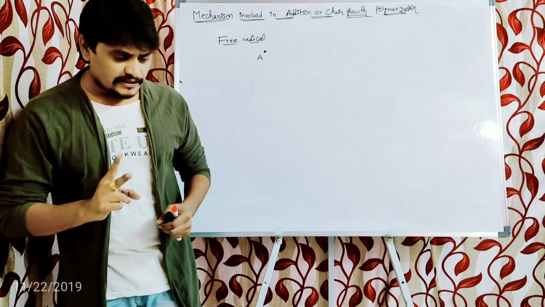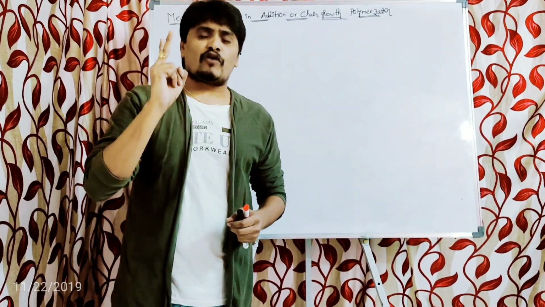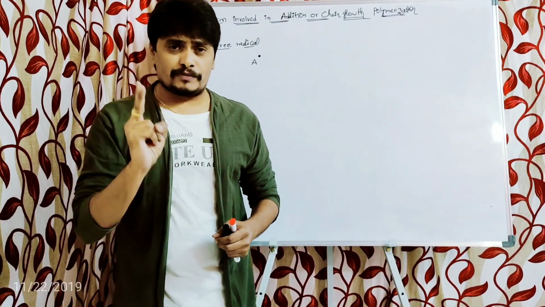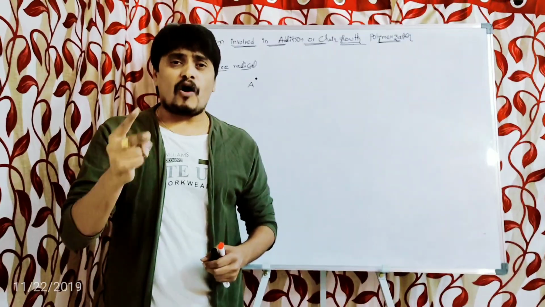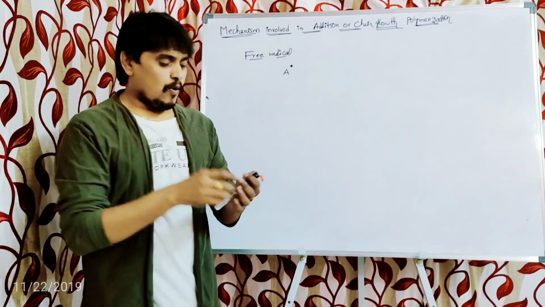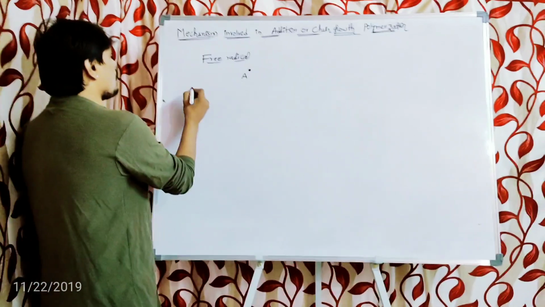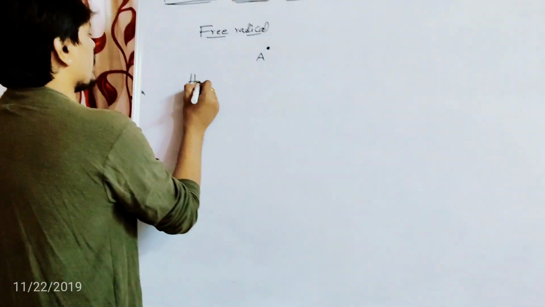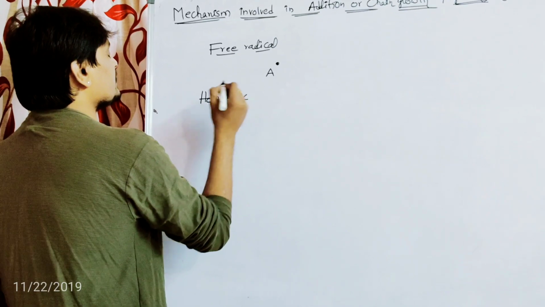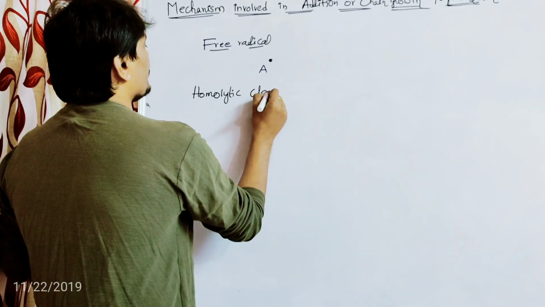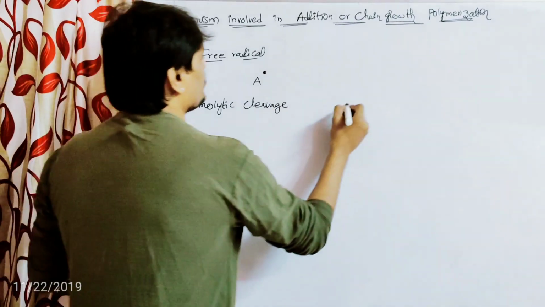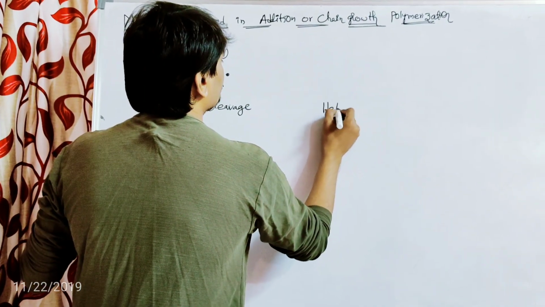Two types of cleavages or fission are possible in organic molecules between two adjacent atoms. The one is homolytic fission or homolytic cleavage. And the second one is heterolytic cleavage.